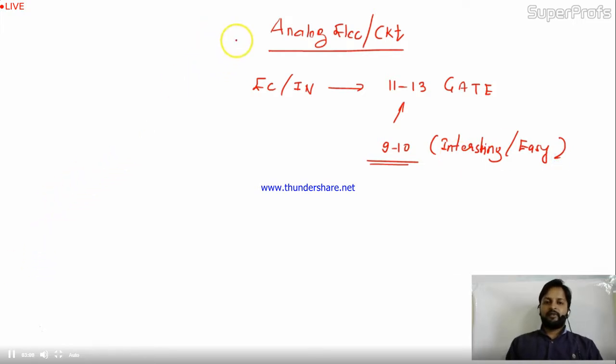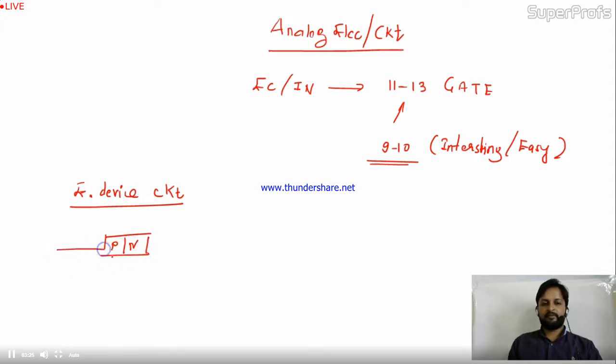So friends, let's see how analog differs from electronic devices and circuits. In electronic devices and circuits, if you are talking about the diode, it is a combination of two semiconductors, P and N junctions, connected like this, A and B. We'll study how the holes and electrons recombine here, making the depletion layer.